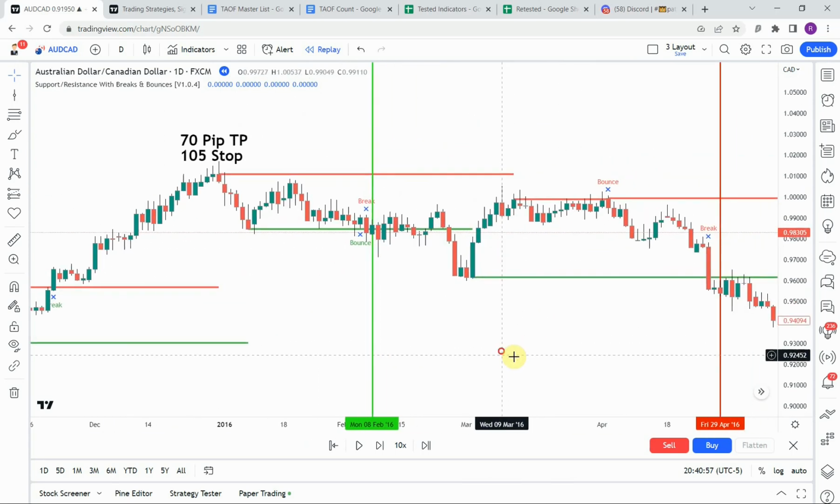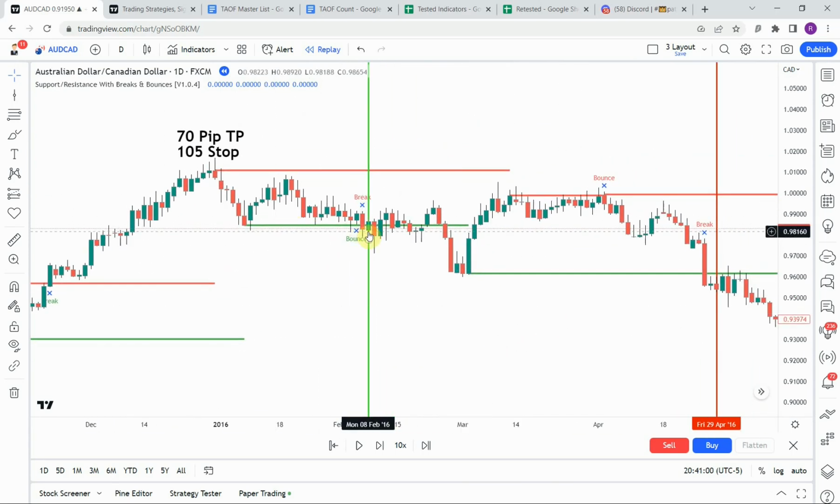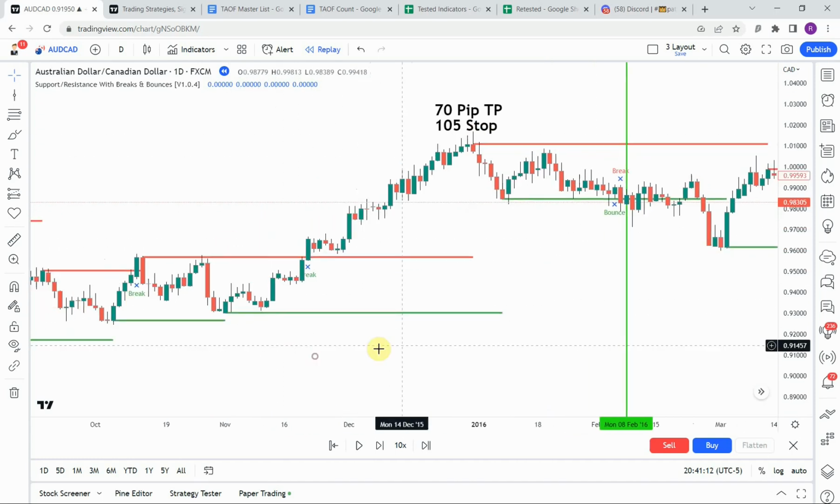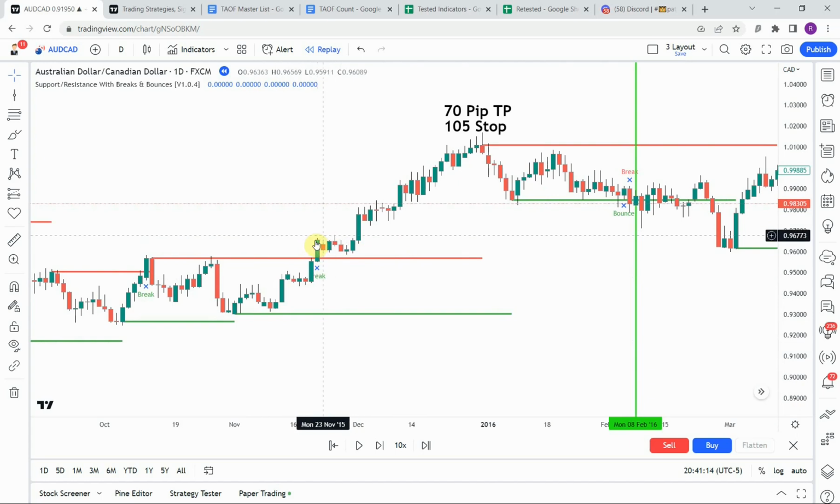So often when we get the break of these levels, we don't get a clean runaway with price action. We get a pause, a hesitation, a come back to retrace and retest these areas before it then takes off. Basically, price is trying to decide whether this is going to be a false breakout or a real breakout.